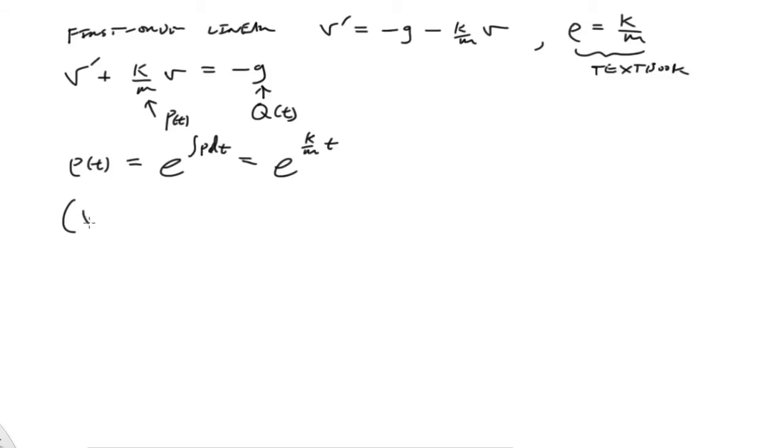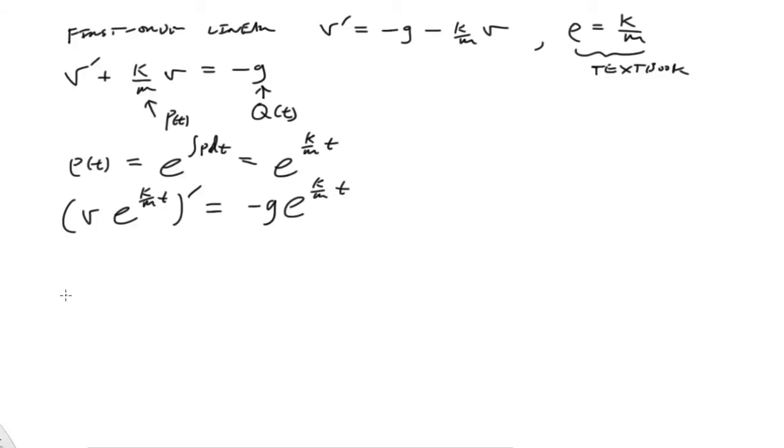We've done this many times now, so we're pretty good about it. Oops, I forgot one part there. That shouldn't be prime there. Prime should be on the outside, and that will be negative g e to the k over m t.